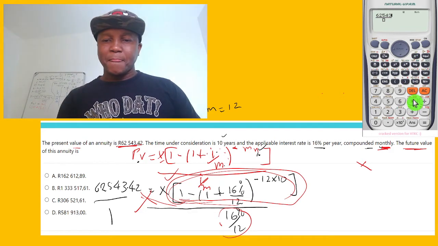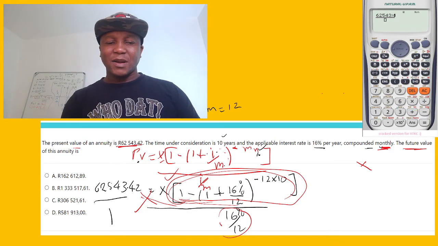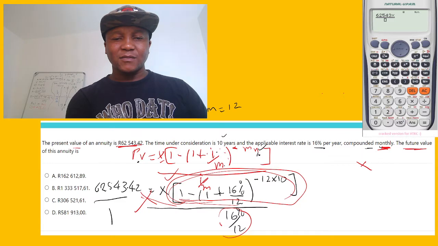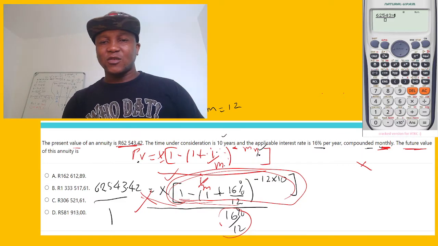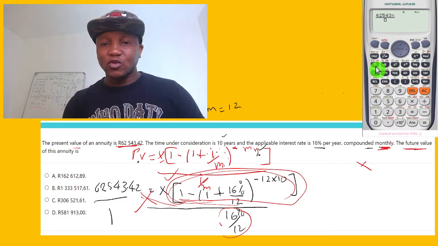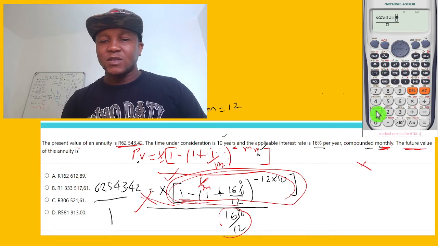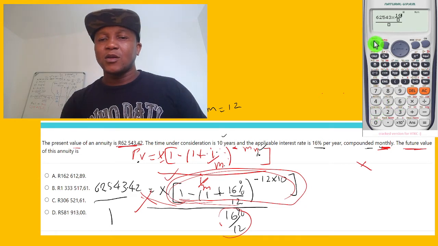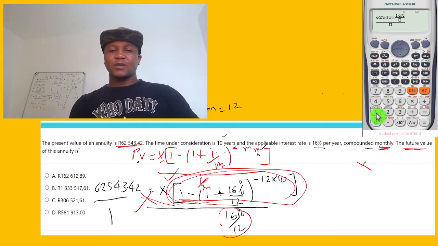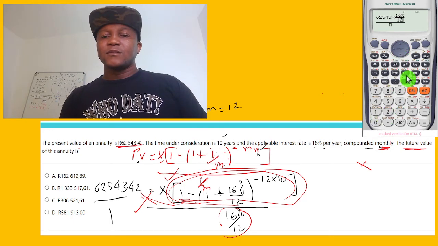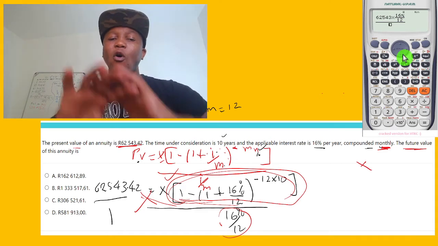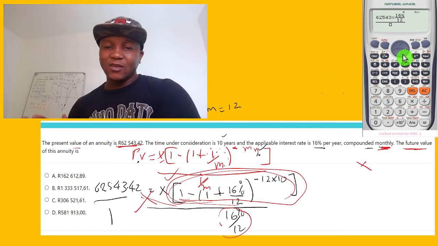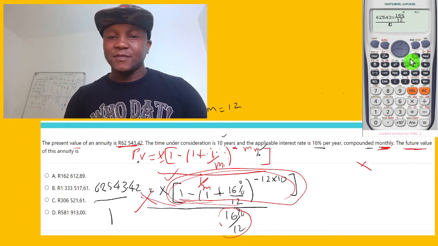Then we multiply by 16% over 12, because we cross multiply, and multiply at the bottom. Then we divide by all the stuff which is in front of X, all that big bracket, so we can get the value of X.